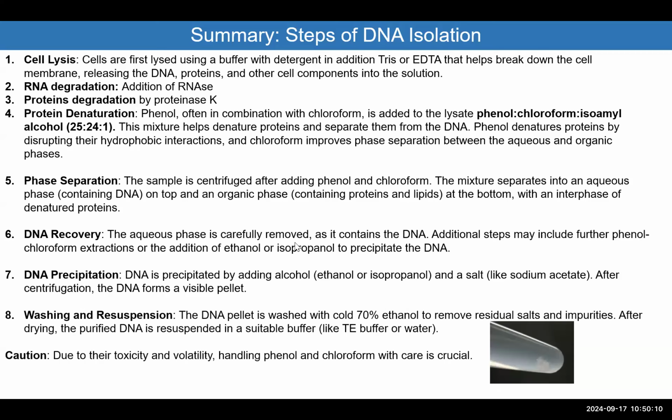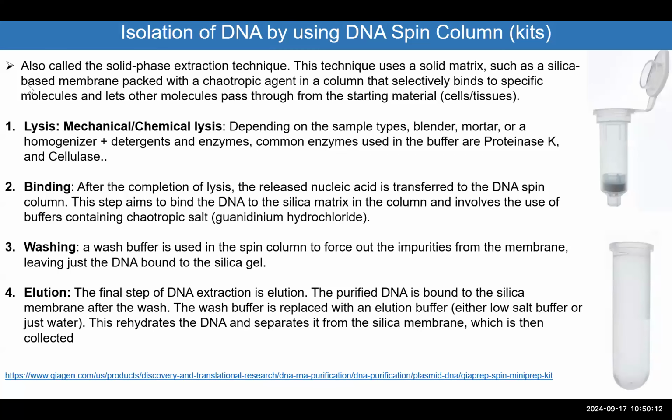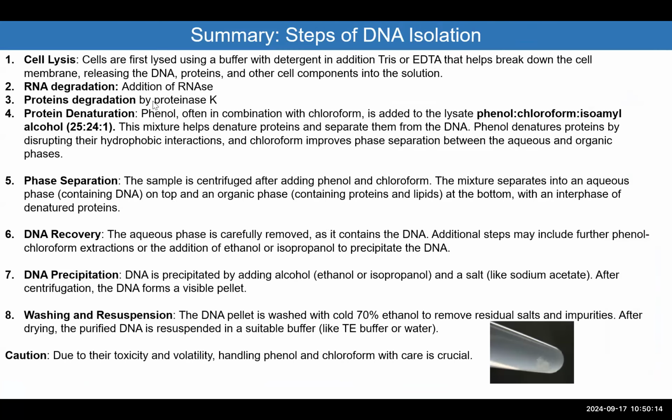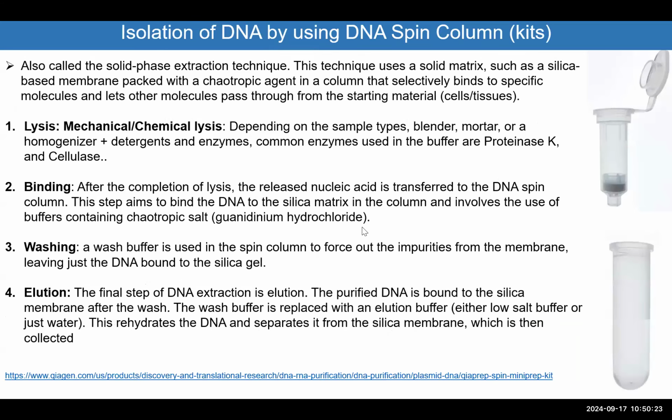Yes. Okay. So now, instead of doing this laborious protocol where I have to do all these steps, companies came out with novel protocols, and I'm 100% sure if you go to any lab, they will have these spin columns. These spin columns have a silica, which is a matrix that has some chaotropic agents added.